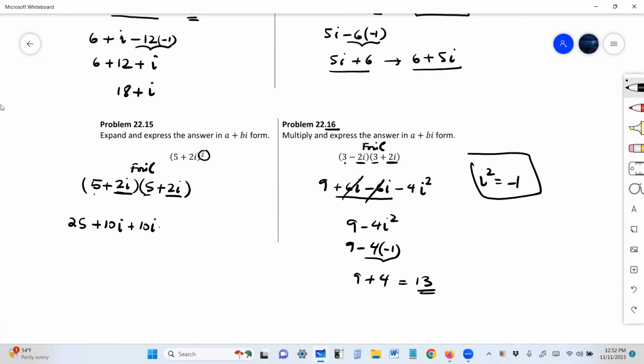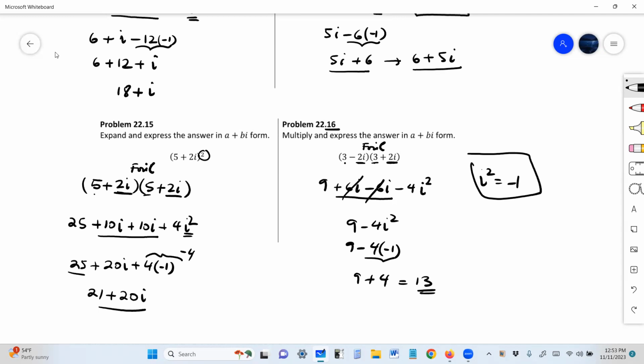And 2i times 2i, 4i squared. Again, combine like terms. 25 stays here. 10i plus 10i, 20i. And here's the i squared again, which I need to replace with negative 1. So this is negative 4. 25 minus 4, 21 plus 20i. Here's my answer for that one.